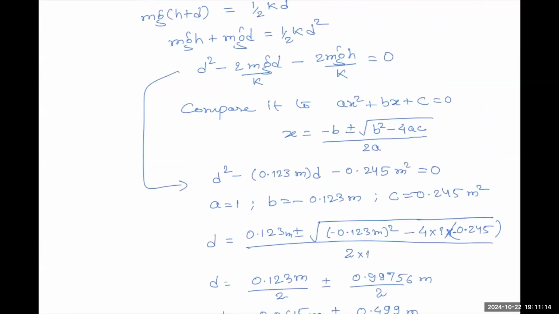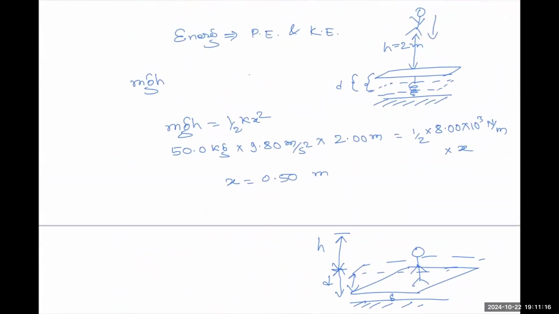Okay, let's look at our diagram here. So this is my height and it is compressed, right? I'm adding this distance d to my height. Make sense? You're following here?